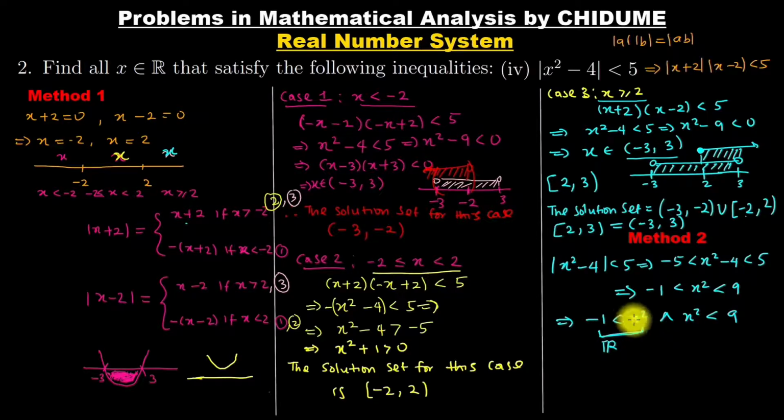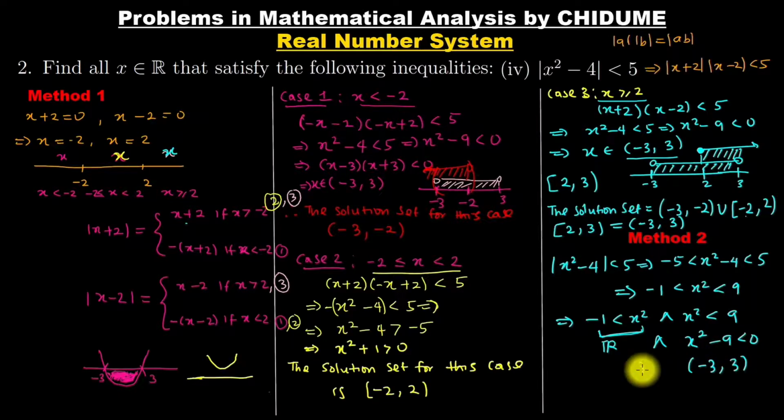If you plug in any value of R, it will always be greater than negative 1. So the solution to this is just R. You're now intersecting it with the solution to this set, which is obviously x squared minus 9 less than 0, and we've done this earlier. This is negative 3 comma 3.